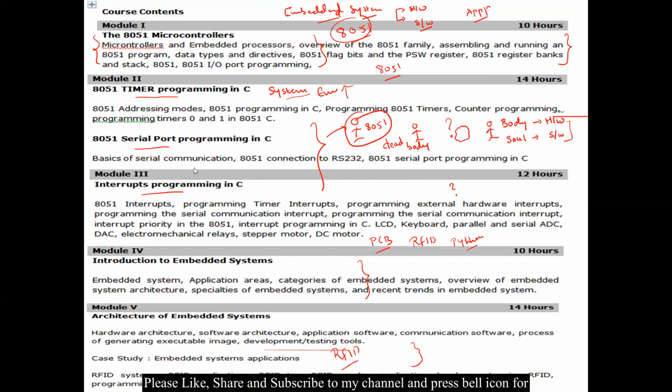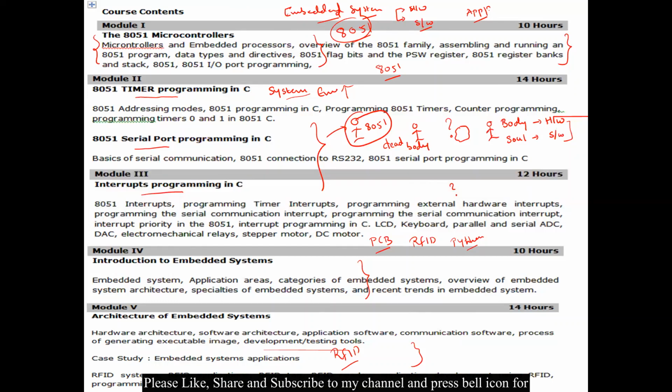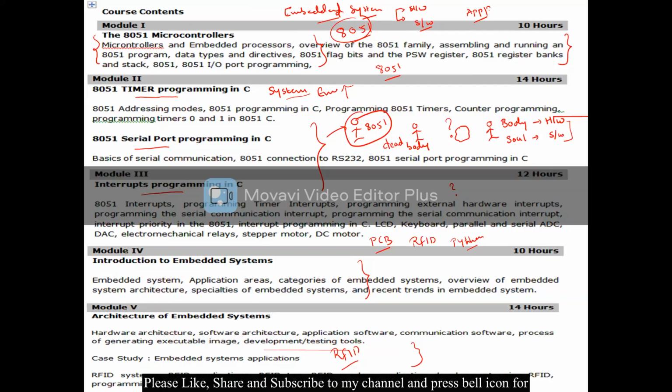And the third main feature of the 8051 microcontroller is interrupts. As of now, remember, there will be totally 6 different types of interrupts available. And we have a fair idea about what is interrupt, right? There are majorly 2 ways to get service from the microcontroller.